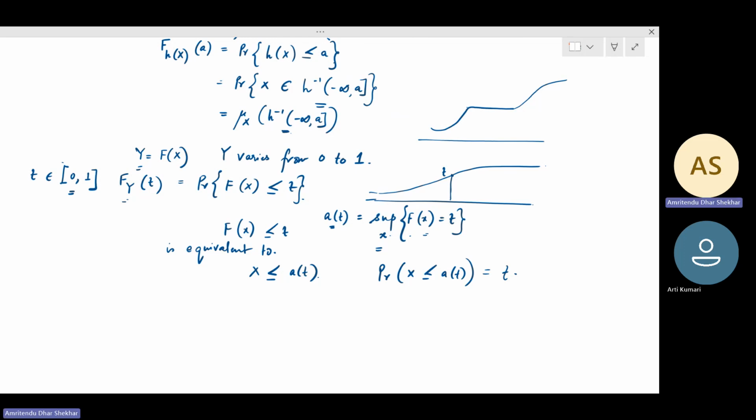Why? Because the probability of x being less than or equal to a of t is precisely the cumulative distribution function of x evaluated at the point a of t. But at this point a of t, f of x is equal to t.